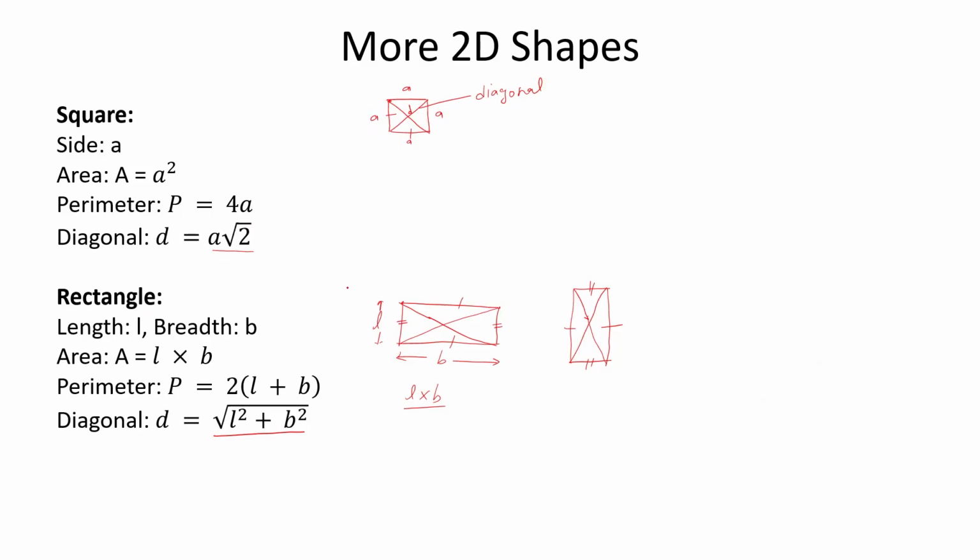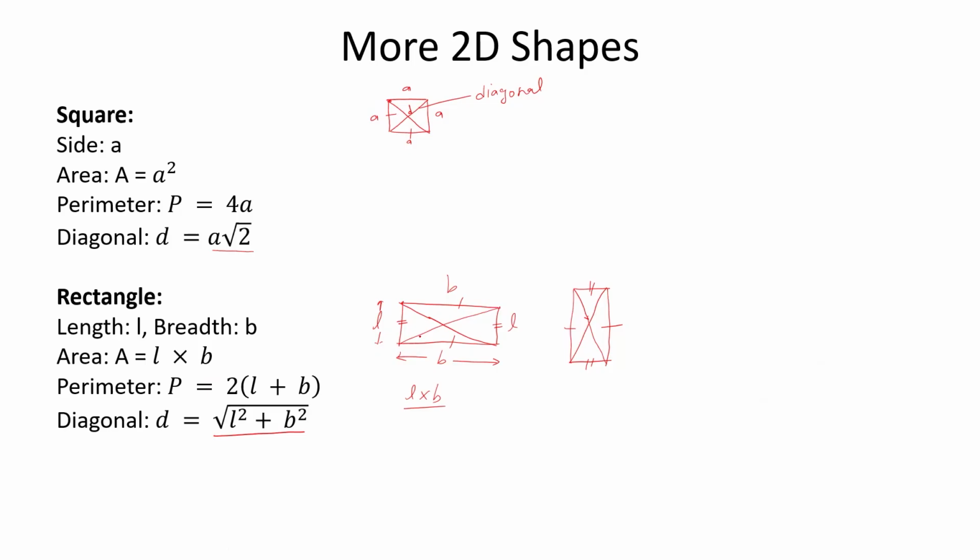Similarly, the next shape is the rectangle. The difference between a square and a rectangle is that in a square all sides are equal, but in a rectangle only opposite sides are equal. So this side could be L. So this is L, this is B, this is B. So two sides are equal. We call this side the length of a rectangle, this side the width of a rectangle, or the other way around.